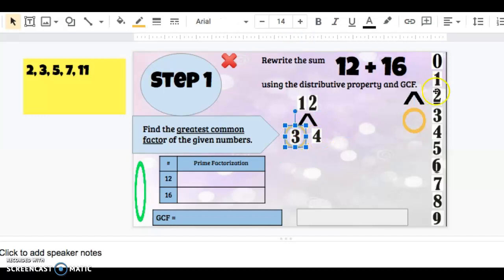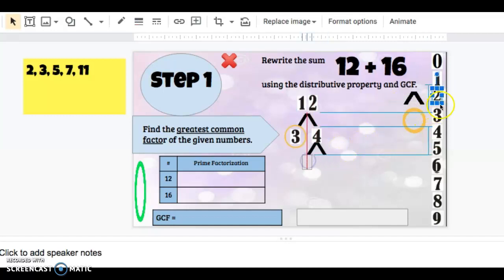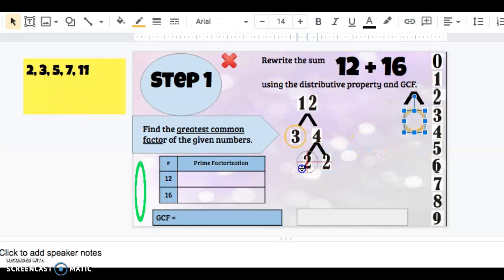I do not see 4 over there, so that means I can break it down. So I break down 4, and 4 is 2 times 2, so I have a 2 and a 2. I see 2 over there, so I'm circling it. I'm circling the other 2.